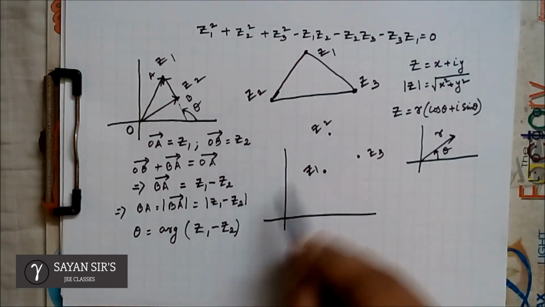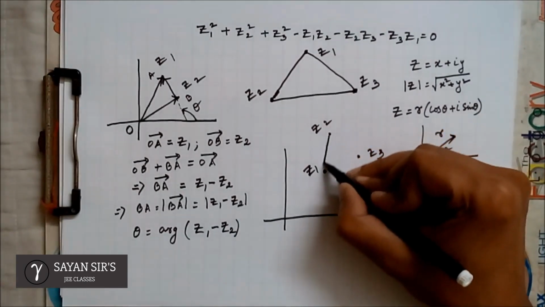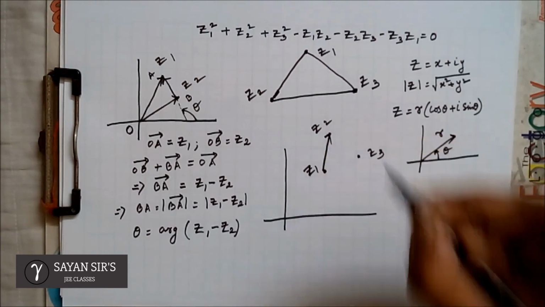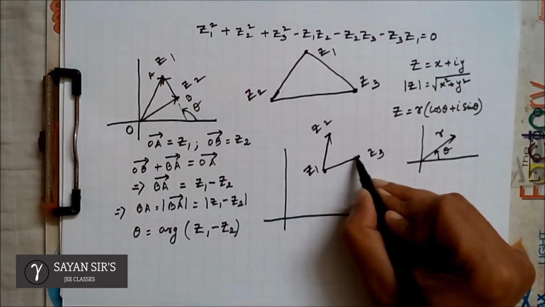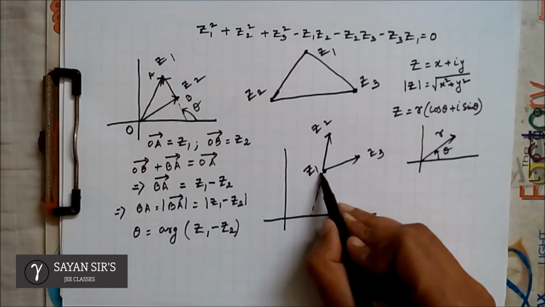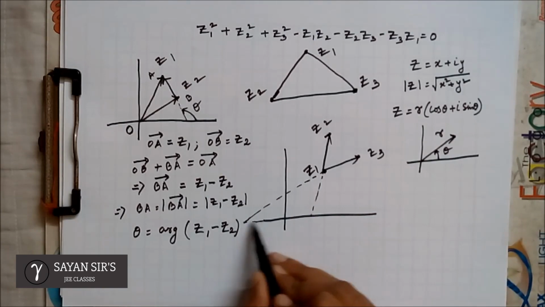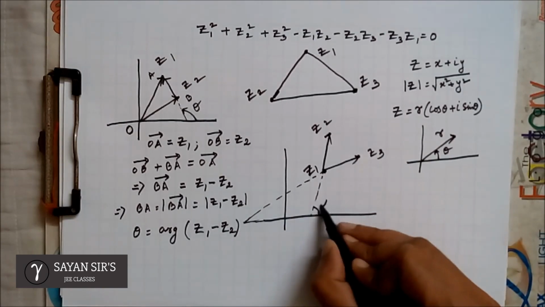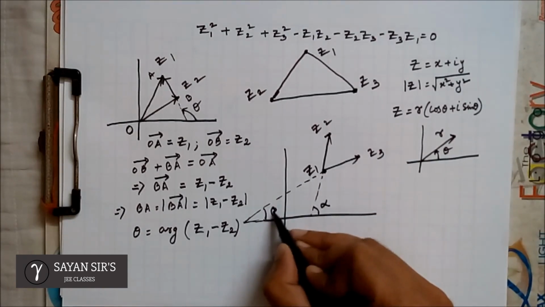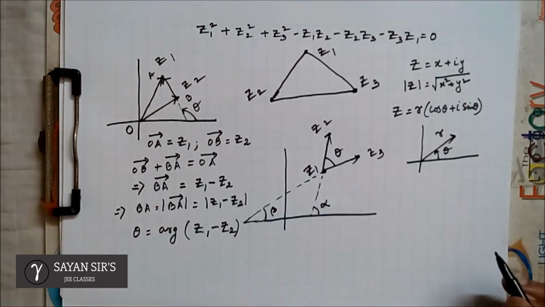This is obviously the Argand plane. So let me draw a vector this way, another vector that way, and let me extend these lines. Let's say that this angle say is alpha, this angle say is beta, and let us say that this angle is theta, and say we are required to find the angle theta.